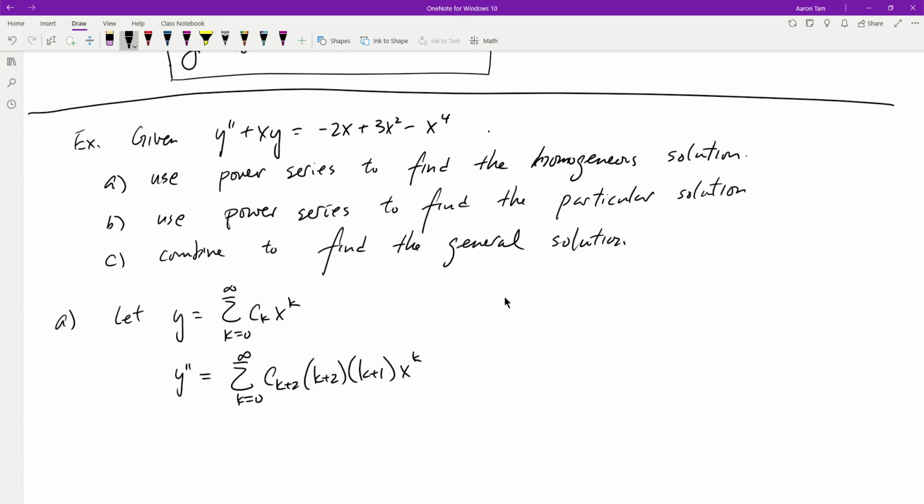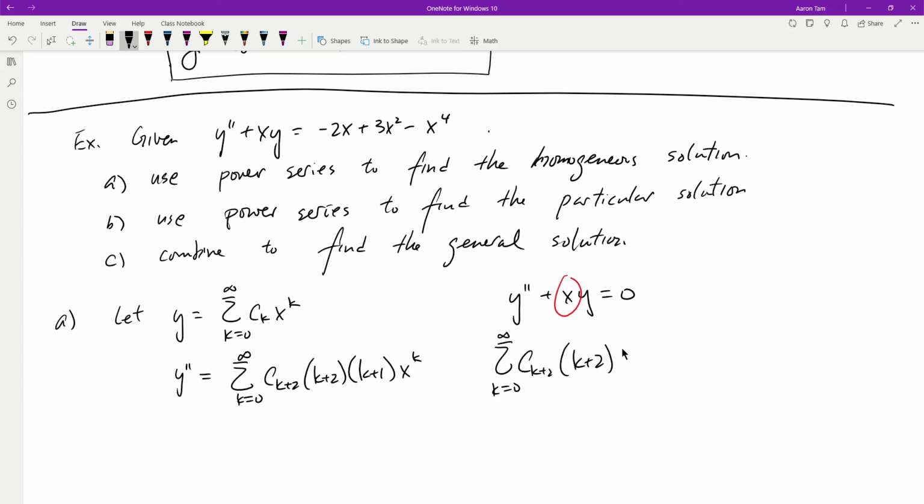So now my homogeneous differential equation is y double prime plus xy equal to 0. Now this x right here is really going to screw us up because it messes up our x to the k. That's the problem, and I'll show you how to deal with that.